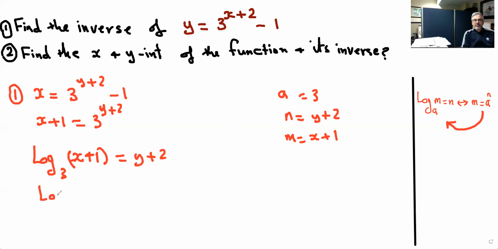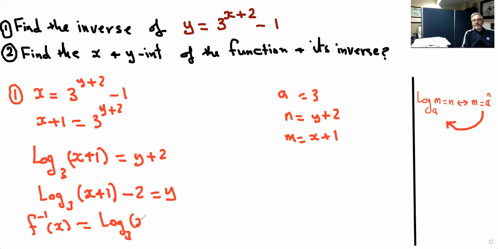So log base 3, x plus 1, minus 2 equals y. And therefore, f to the -1 of x, that's how we express the inverse, equals log base 3, x plus 1, minus 2. And that's the answer for part 1.